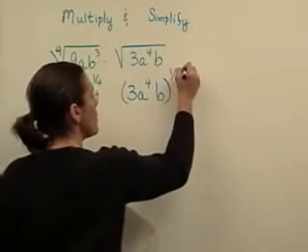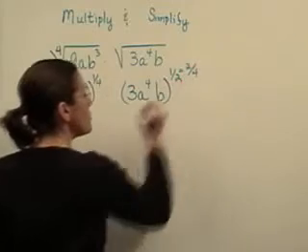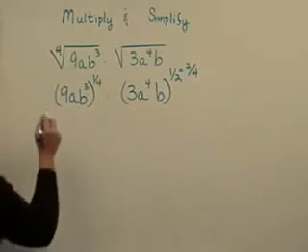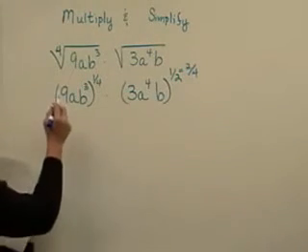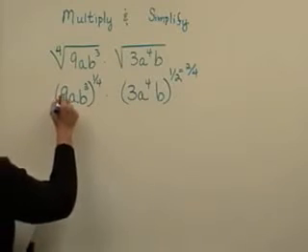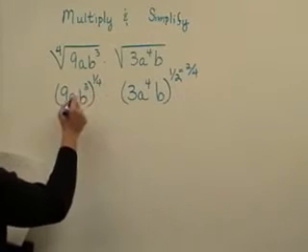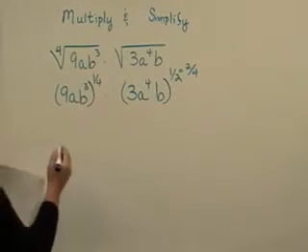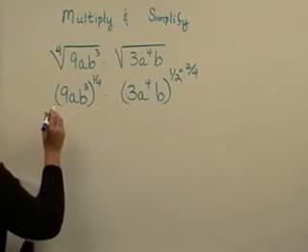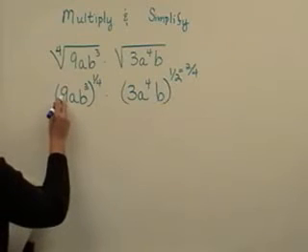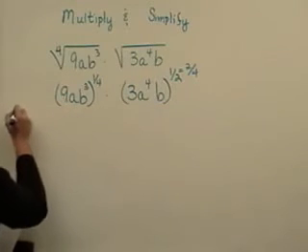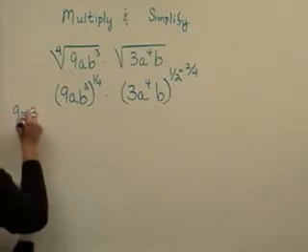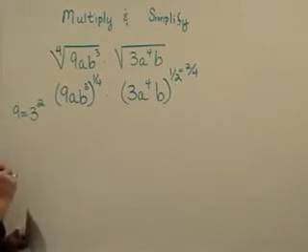So I'm going to think of 1/2 as 2/4. And so what I will have then here is a 9 to the 1/4 power, an a to the 1/4 power, a b to the 3/4 power, etc. I also think that before I even do that, I'm going to think of this 9 here as 3 to the 2nd power.